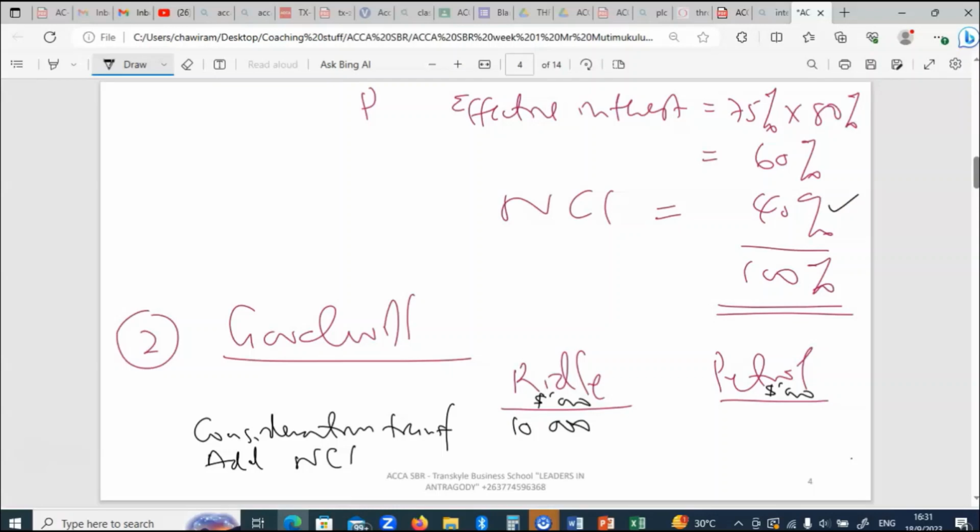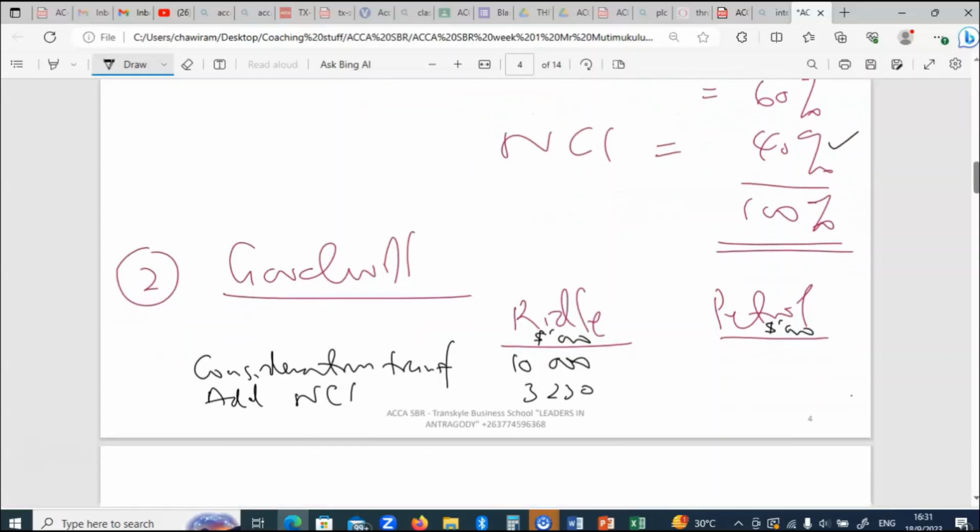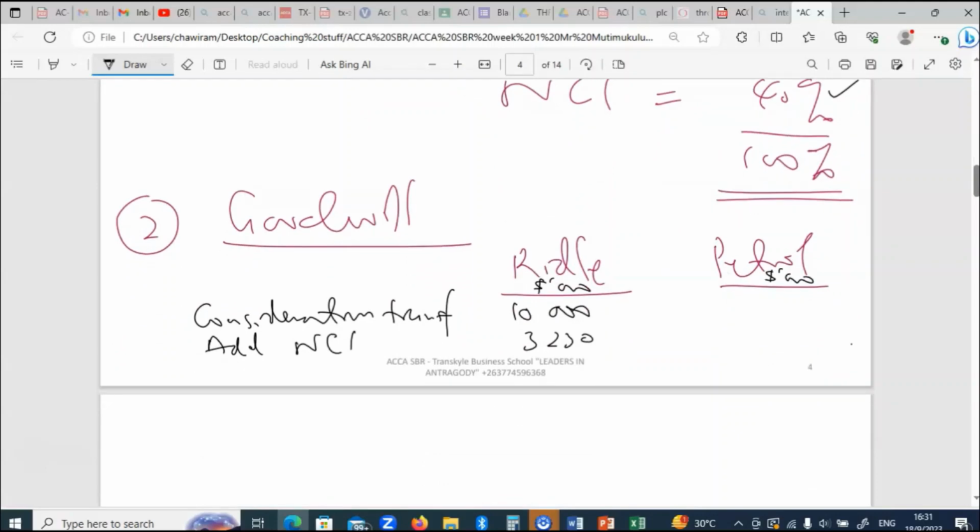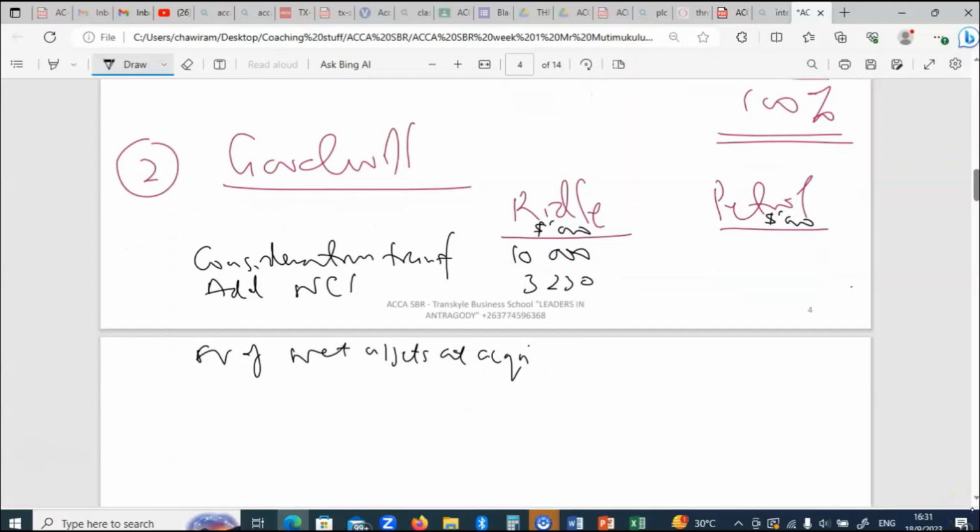So we are told that the NCI at acquisition, the fair value, was 3.230. And what about the net assets at acquisition? Fair value of net assets at acquisition. Usually net assets consist of the share capital and retained earnings, sometimes reserves.